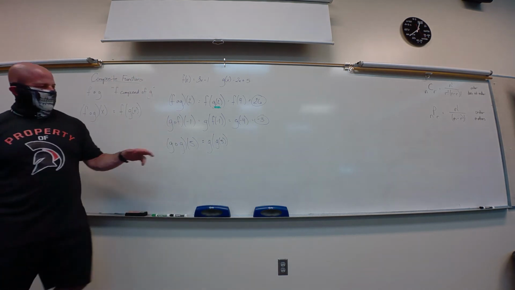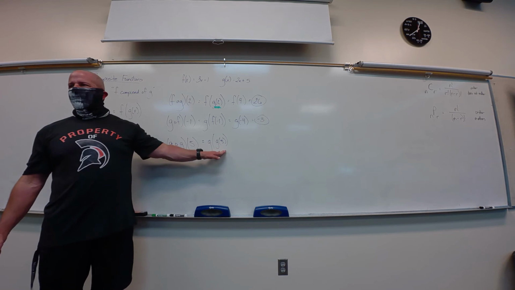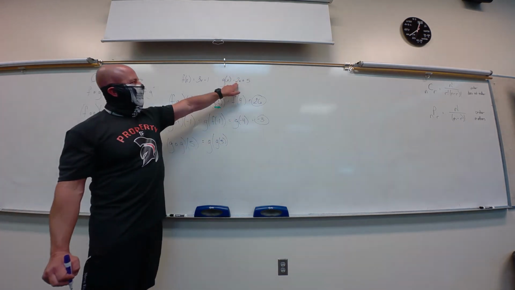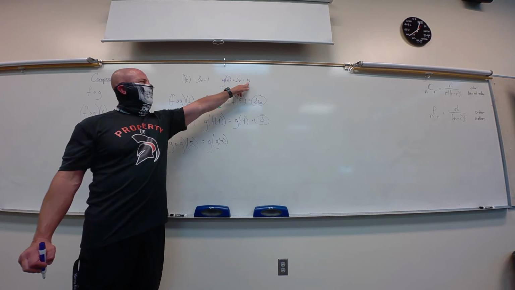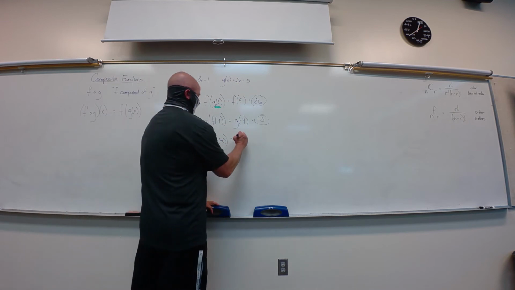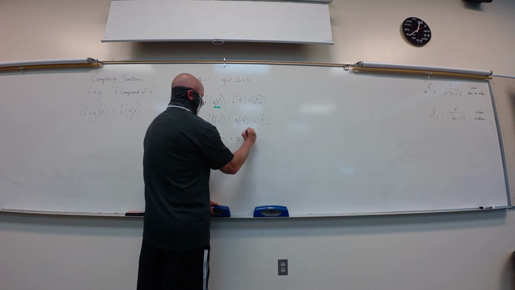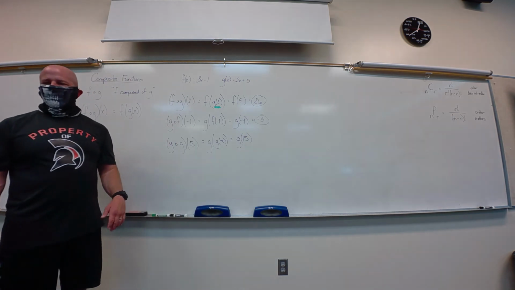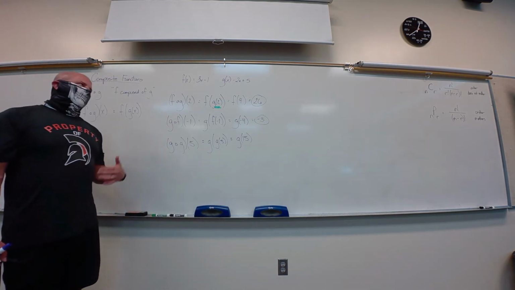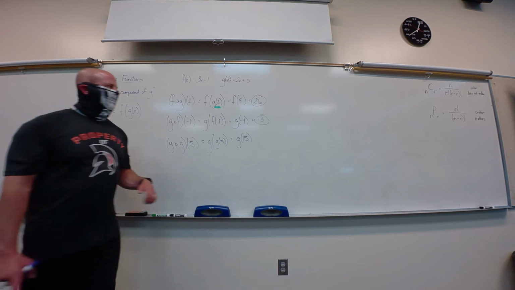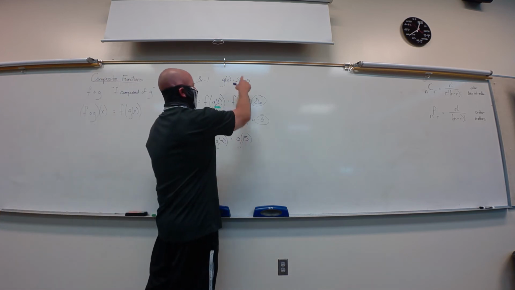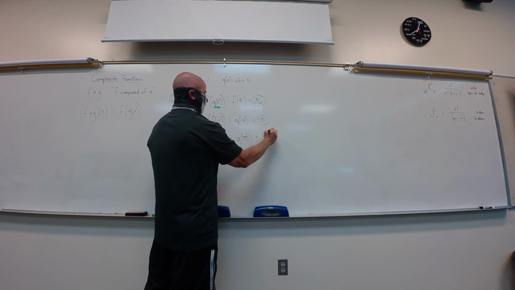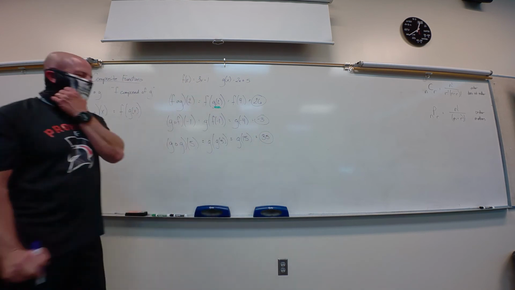I'm going to go right to that inside and find g of 5. 2 times 5 is 10, plus 5 is 15. So that inside is now 15. Now I'm going to find g of 15. I substitute 15 into the g function again: 2 times 15 is 30, plus 5, 35.